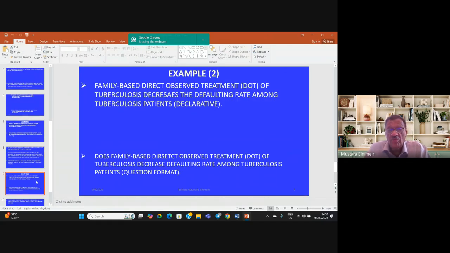In example 2, for example, family-based directly observed treatment of tuberculosis decreases the defaulting rate among tuberculosis patients. It's declarative. It could be written in a question format, like, does family-based directly observed treatment of tuberculosis decrease the defaulting rate among TB patients? It's a question format.